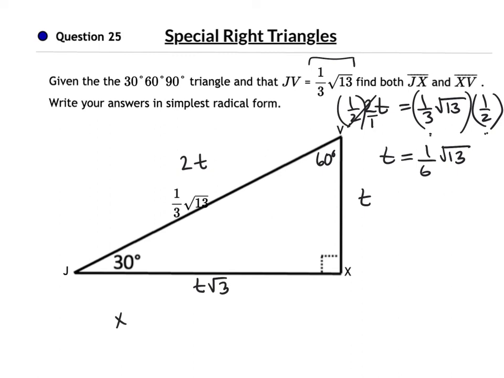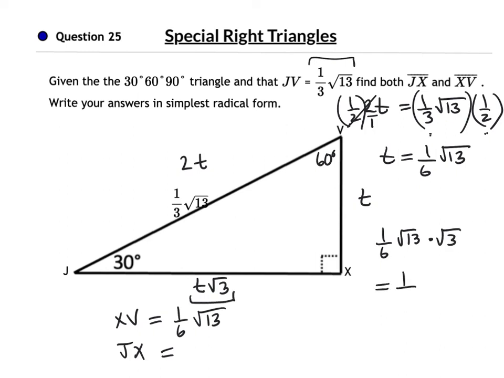So XV, looks like I'm missing the box here. XV would equal 1/6 root 13. And JX is T root 3. Now that would be 1/6 root 13, that's T, times root 3.